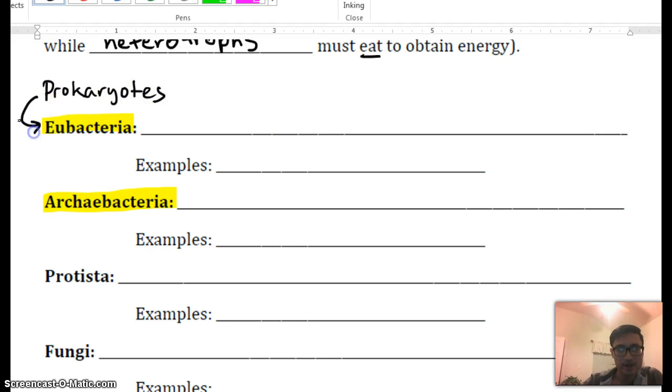Both are prokaryotes. So let's go ahead and write pro here. That means that their DNA is just kind of floating around. Remember, pro means no nucleus.